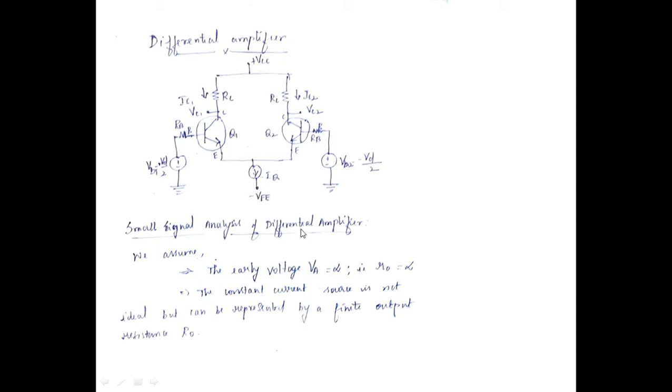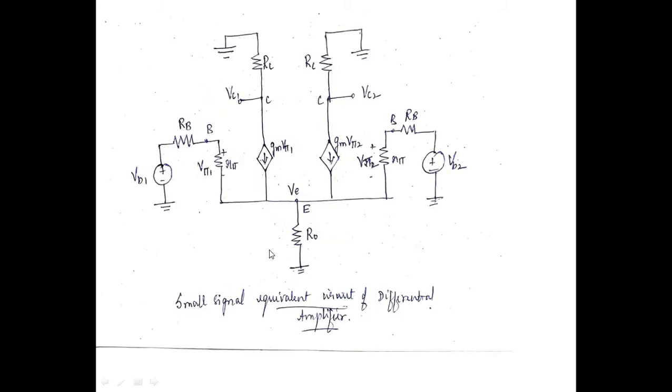Now let us look at the small signal circuit diagram of a differential amplifier. Here comes the small signal equivalent circuit. As I've already told, VB1 in series with RB is present, and the transistor is replaced by R pi.